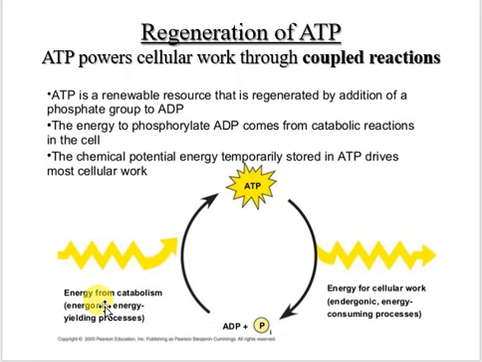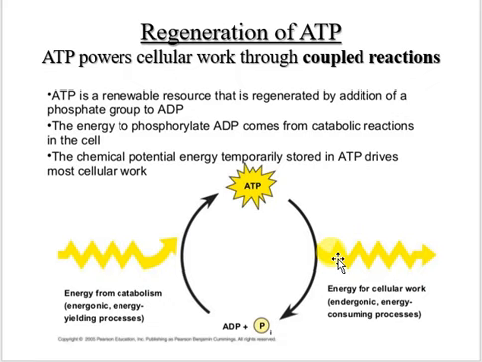So you kind of have this shuffling, per se, of inorganic phosphate, ADP, and energy from catabolic reactions. And together they form what's called the ATP cycle, right? So this beautiful cyclic process deals with the linkage of your catabolic and anabolic, or your exergonic and endergonic reactions together via ATP.